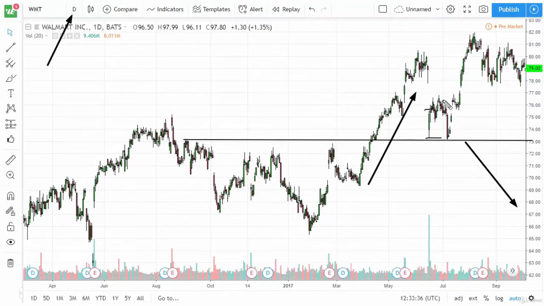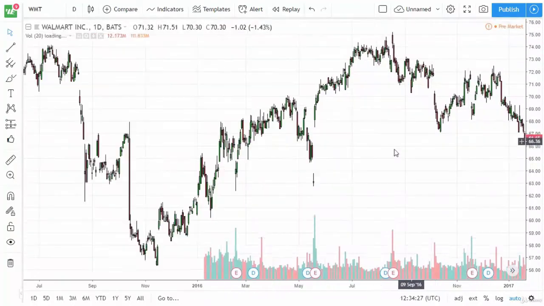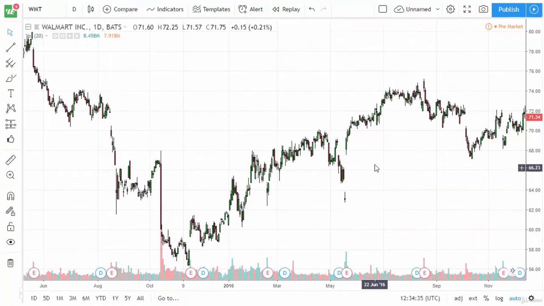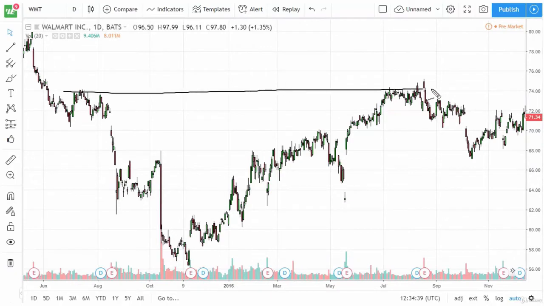Now, alternately, as I continue to go lower, we have a gap higher in what has been a move higher for some time. And that is a little bit easier to trade. And where did we end up? We ended up right here, an area that was previous resistance.